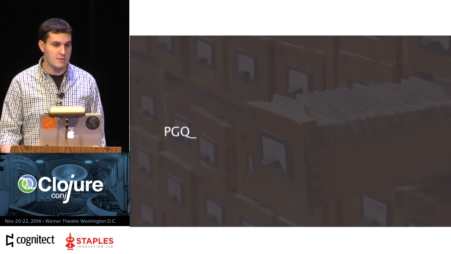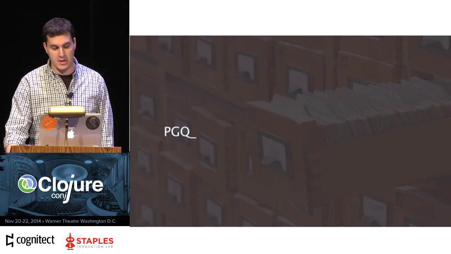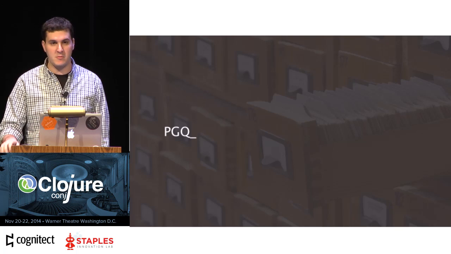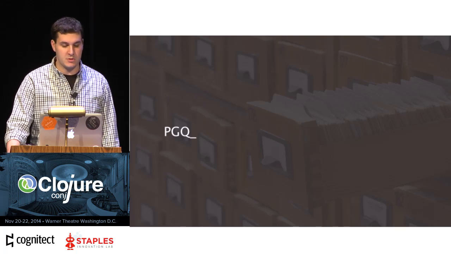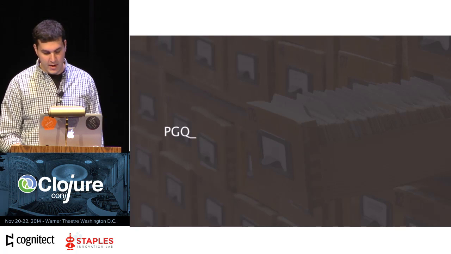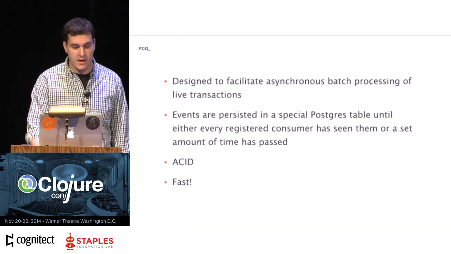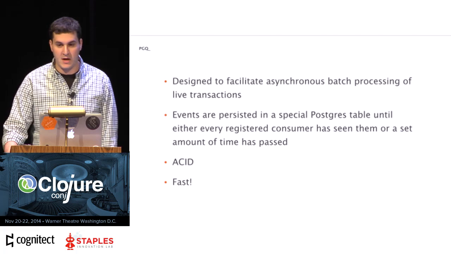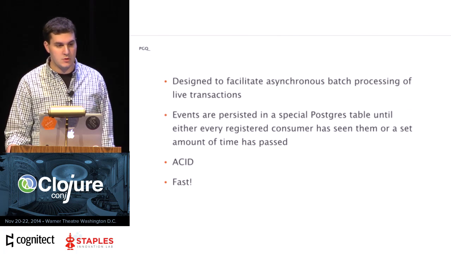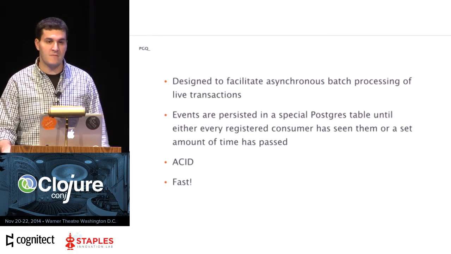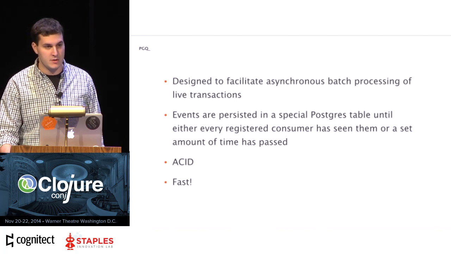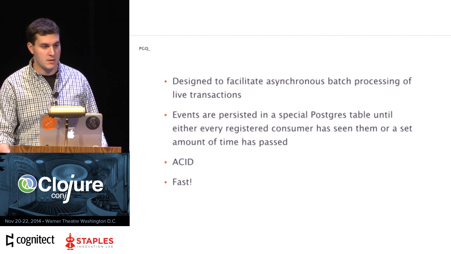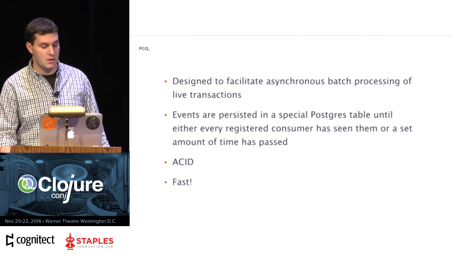But there is this thing that we've used before called Londiste replication. And Londiste is a trigger-based replication system that's built on top of PGQ, which stands for Postgres queue. And PGQ was designed to basically do what we want, asynchronous processing of live transactions. So basically, at commit time for a transaction, you can run some arbitrary code and insert an event into a queue in your database.